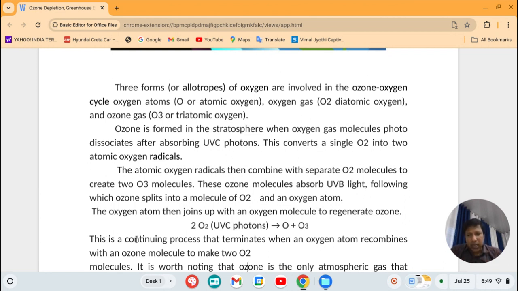Now this continuing process terminates when an oxygen atom combines with an ozone molecule to make 2O2. Here you have one O2, one O, and one O3, an ozone molecule. Like this, 2O will combine and form O2.